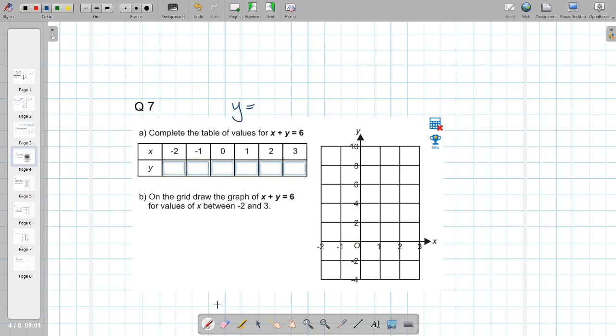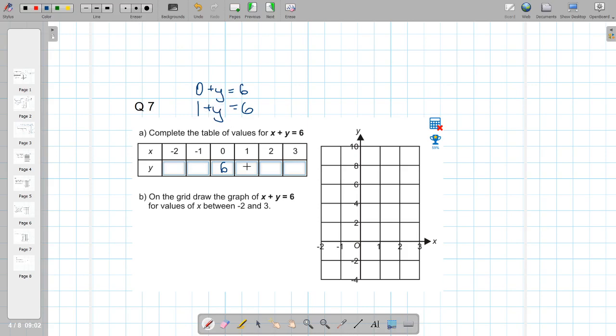It's up to you. I don't want to confuse anyone, so I'm just going to keep substituting the numbers for x. As I said, I'd start with x equals 0. So it'll be 0 plus y equals 6. So something plus 0 equals 6. That must be 6. The next one is 1 plus y equals 6.